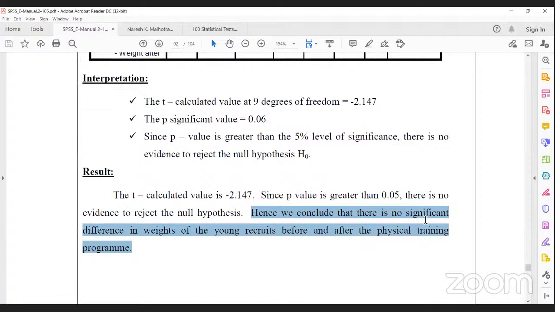We are not comparing means there, but in one go it will consider the means. The formula has taken d minus mu naught, that is the difference of both. There also it will consider means. We are not directly saying the mean weights here.